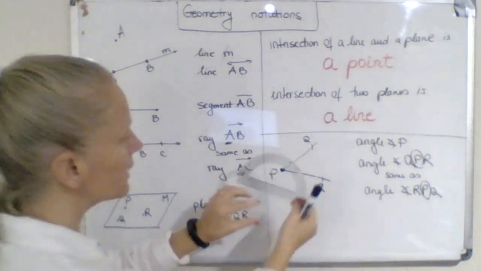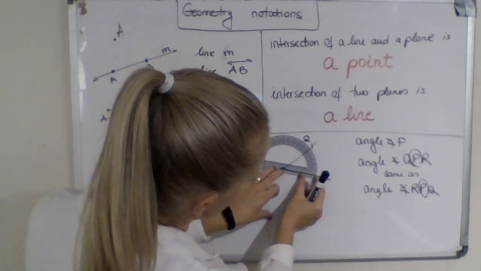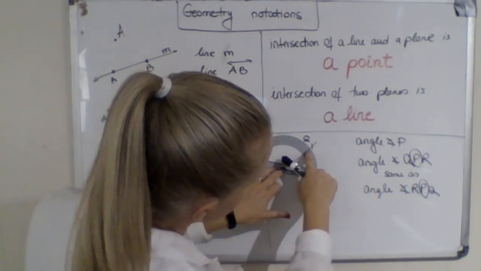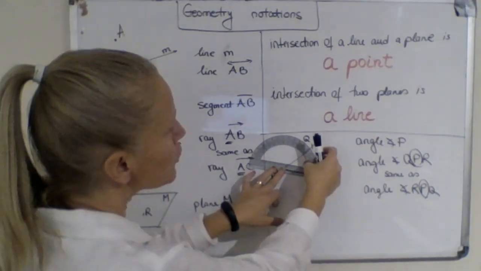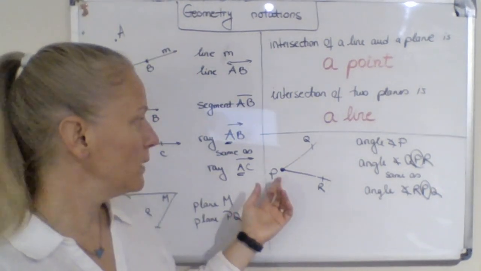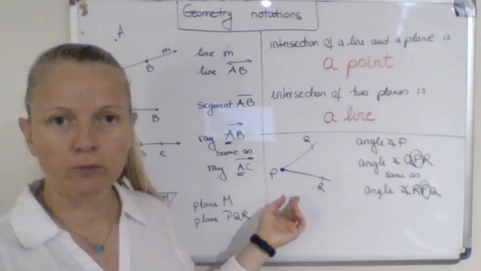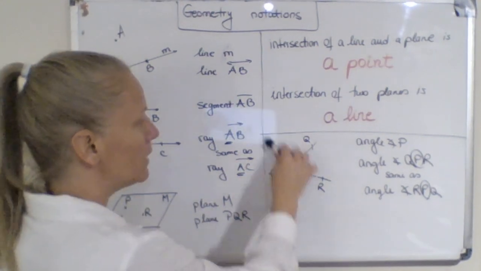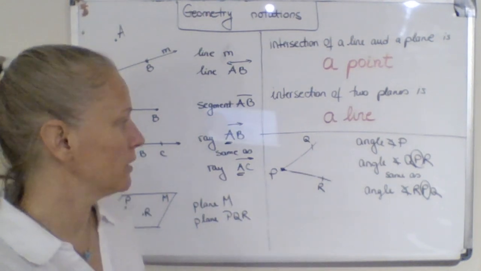So when I put it right here and I measured, I either get about 47 degrees or about 133 degrees, because there are 2 different measurements. So I'm looking at this angle, and I'm asking, which one of them is correct? Well, this is an acute angle, which means it's under 90 degrees, so 47 would be the correct measurement. Had my angle been a large one, over 90, that would have been 133.